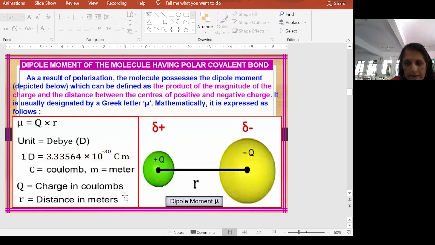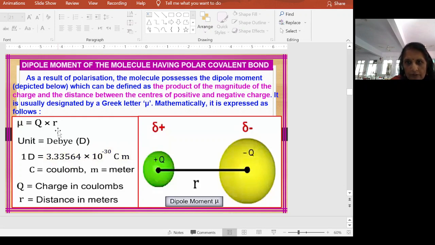There are two parameters which help us find out the polarity in the covalent molecule, and that is the charge development and the distance between the two ions, right? So here the dipole moment mu can be measured as q into r. Now its unit is debye, and 1 debye is roughly equal to 3.3 into 10 to the power minus 30 coulomb meter.